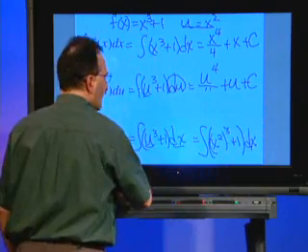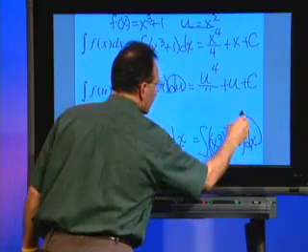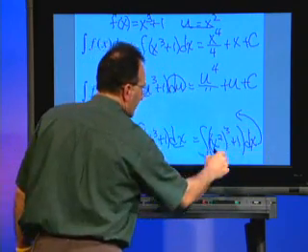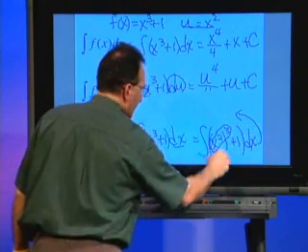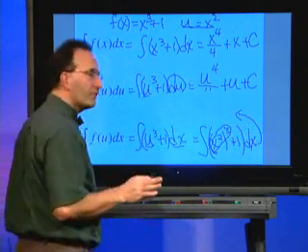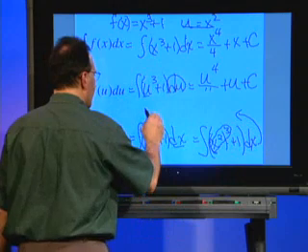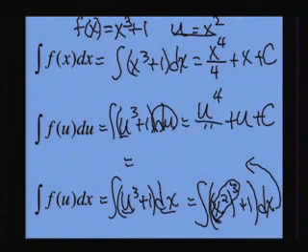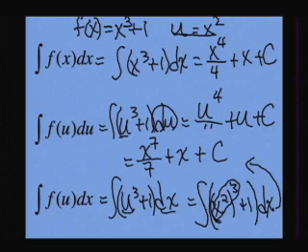So what I'm going to have now, bringing this over to here, this is x raised to the power of 6. So therefore, when I antidifferentiate it, I'm going to get x raised to the 7 over 7. Then plus x plus my constant c.